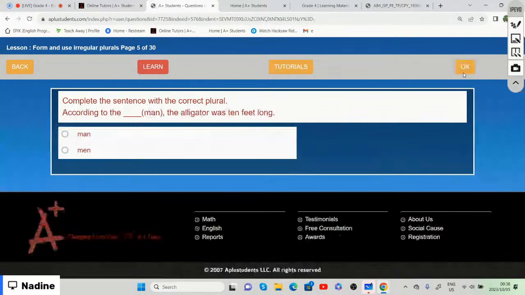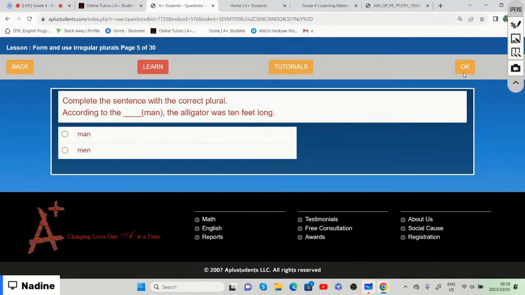All right, we're going to do our last one, and then you are going to do the rest on your own. According to the man, the alligator was 10 feet long.